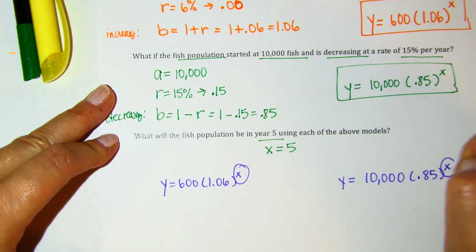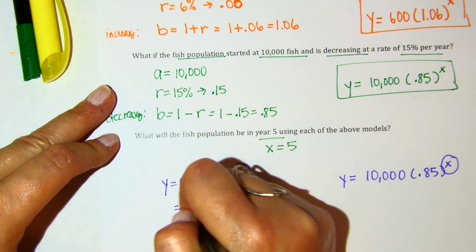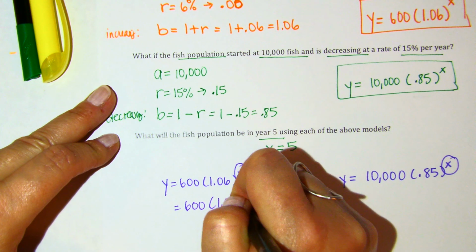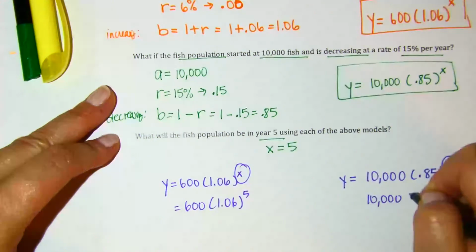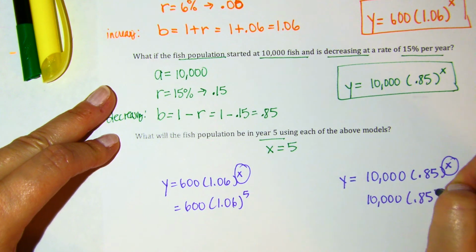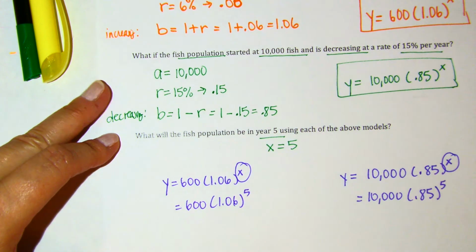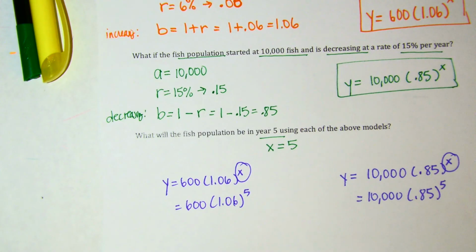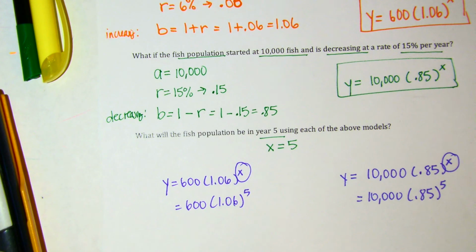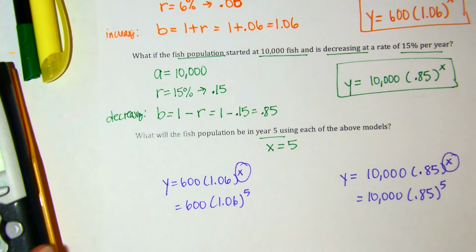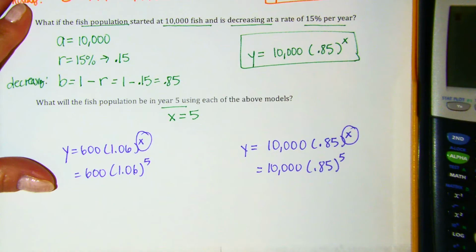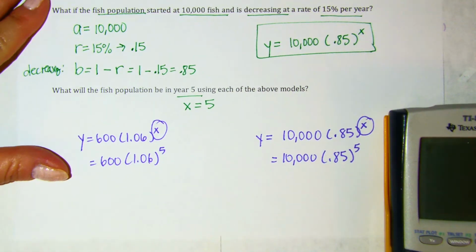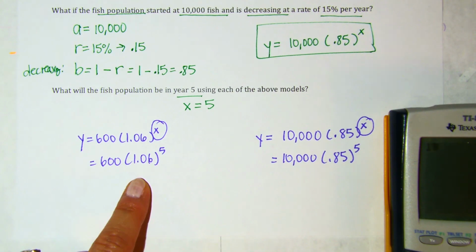So instead of x, I'm going to put 5 in each of these and see what I get. This is really common. A lot of times there are different models based on data, and then you use those to compare the predictions to see which model makes the most sense. Or a lot of times people use whatever model is convenient for what they want to tell people. There's a lot of manipulation of data, sadly.